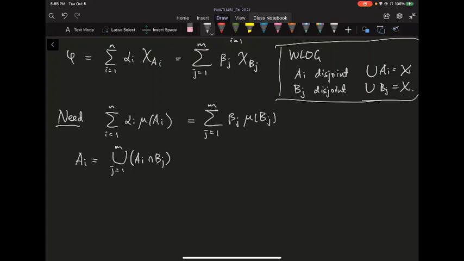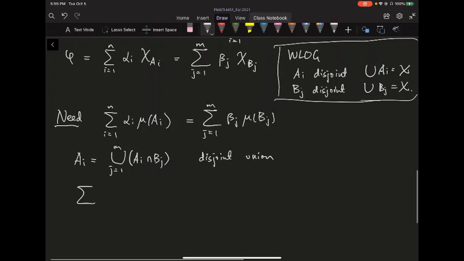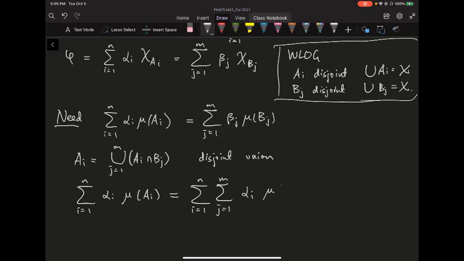And this is really a disjoint union because all the B's are disjoint. Because of that, the summation over i going from 1 to n of alpha_i mu of A_i, I can break into a double summation: the summation over i going from 1 to n, j going from 1 to m of alpha_i mu of A_i intersect B_j.